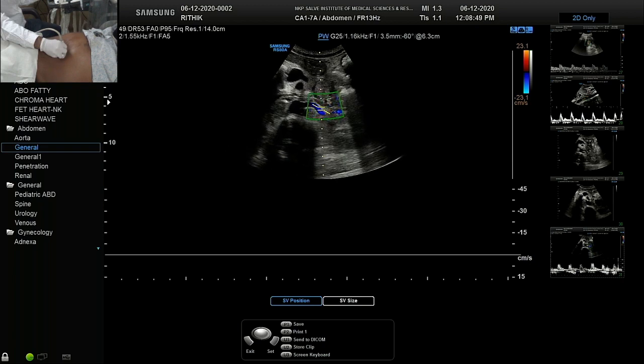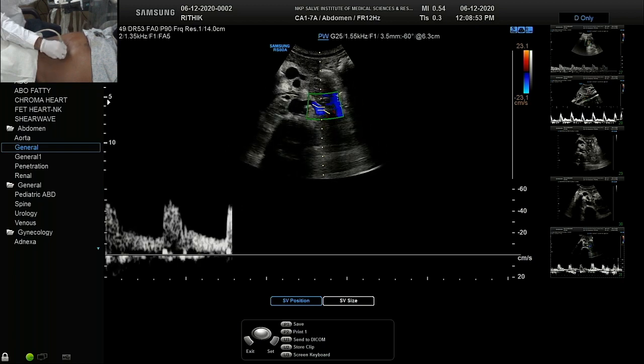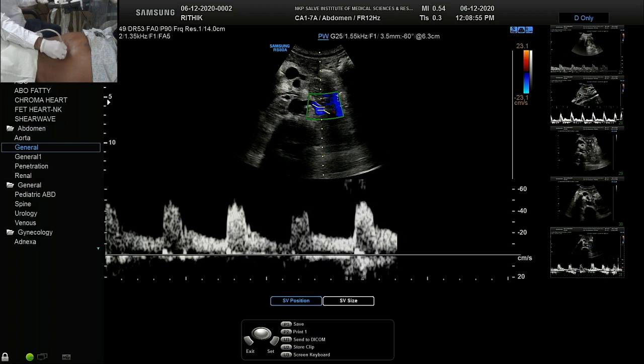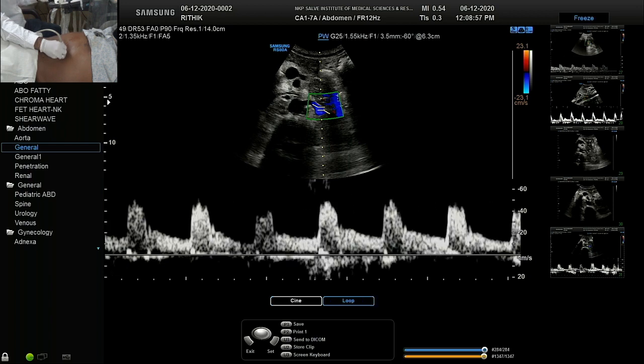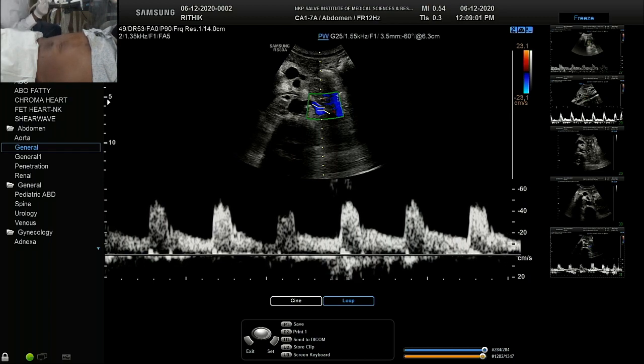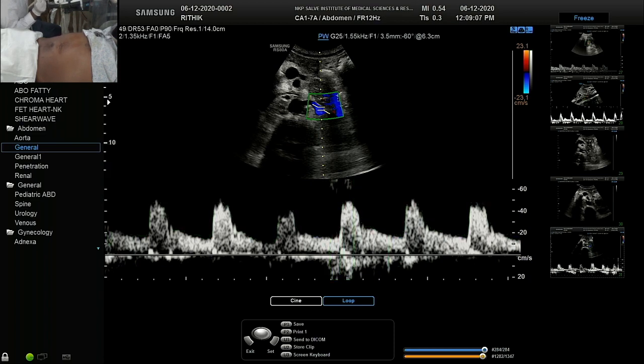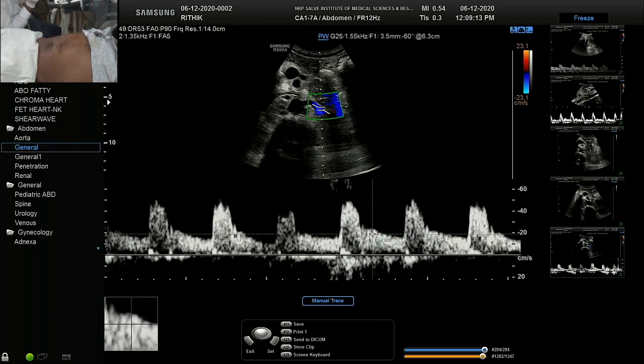Just hold your breath a little. Release. So this is a spectrum of the left renal artery origin. We will just measure the better spectrum of them.